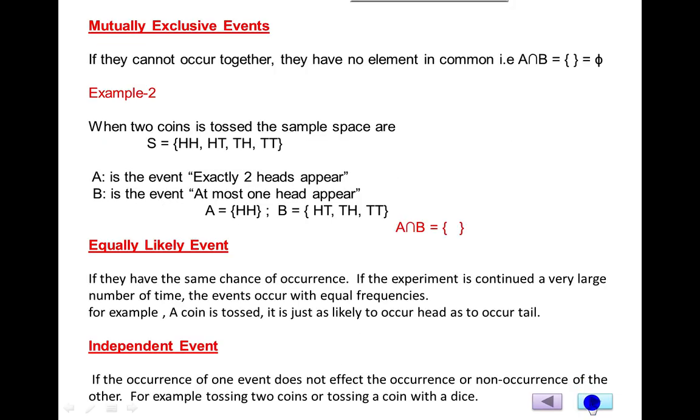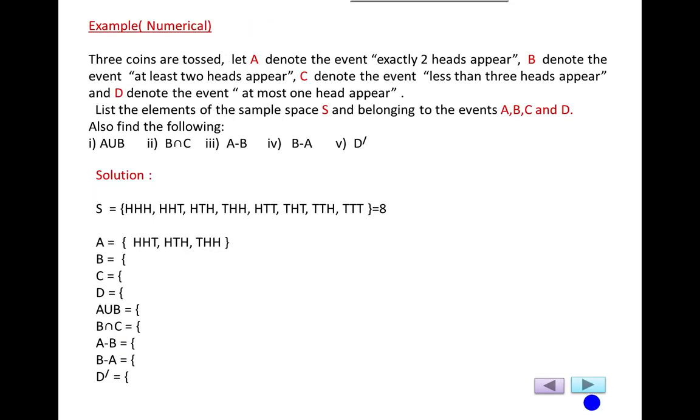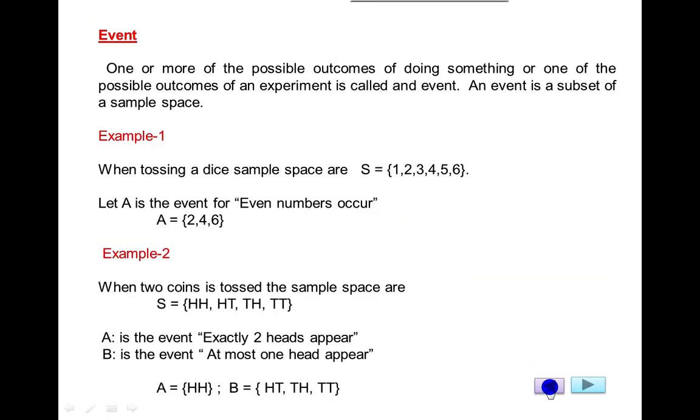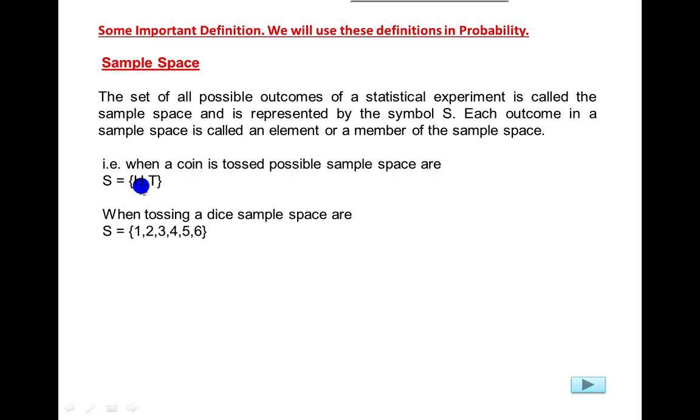Now after this we will solve an example: how we draw possible outcomes and some conditions of these sets, union, intersection, complement, etc. So this is an example or numerical. 3 coins are tossed. Before this you used 1 coin and 2 coins. 1 coin may be H or T, 2 outcomes.